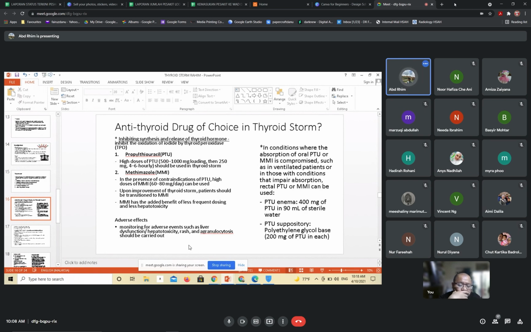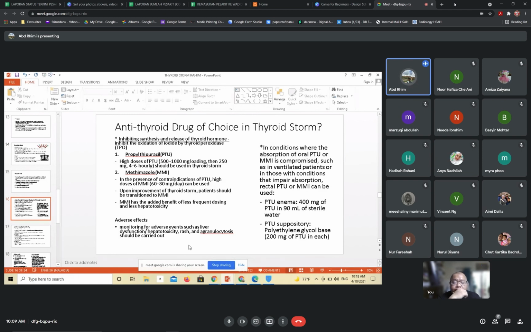Propylthiouracil dose is a 500 to 1000 mg loading dose, then 250 mg 4 to 6 hourly. And then methimazole can also be used in the presence of contraindication to propylthiouracil, with a dose of 60 to 80 mg per day. Upon improvement of the thyroid storm, the patient should be transitioned from propylthiouracil to methimazole.